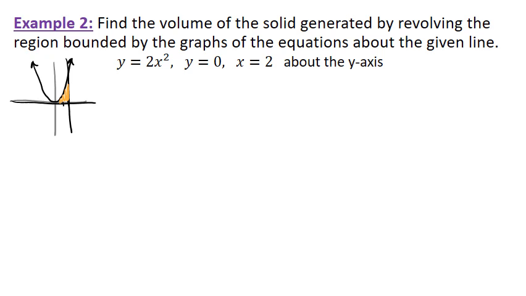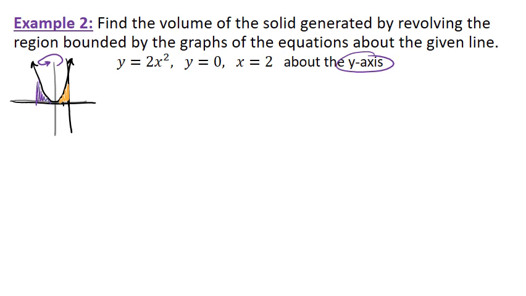Okay, now the thing to pay attention to is that we are going to revolve this about the y-axis now, and this makes the difference. Before we revolved about the x-axis, so we had a disk, but now we're revolving about the y-axis. So if I were to draw in my reflection, it would be this here.